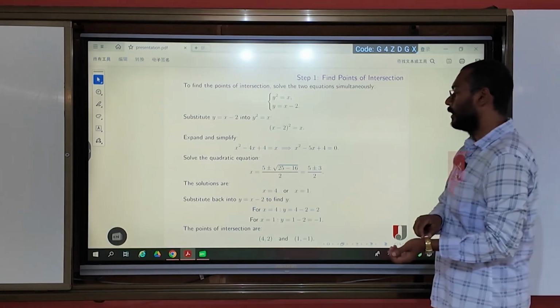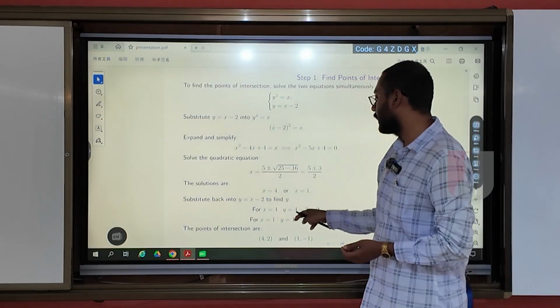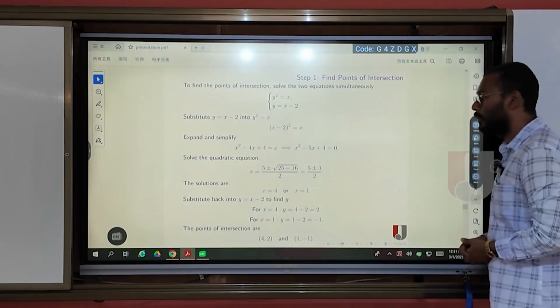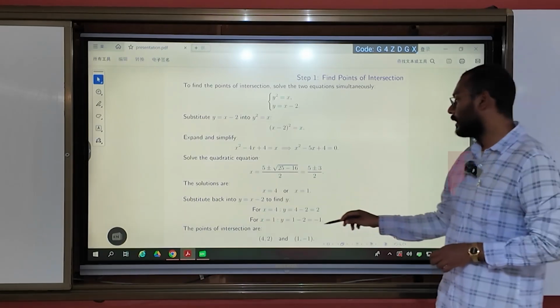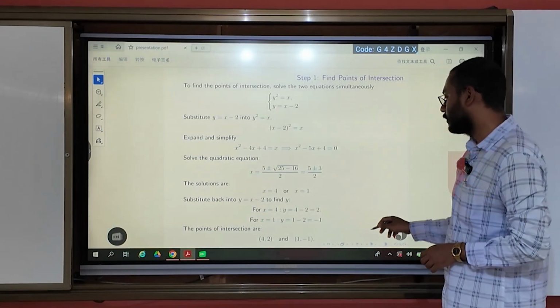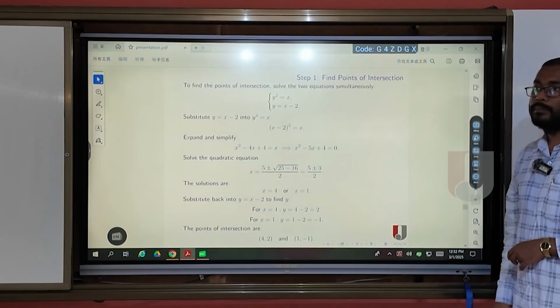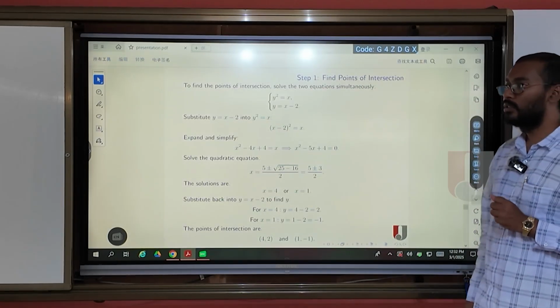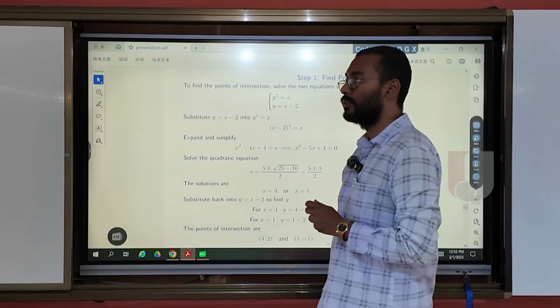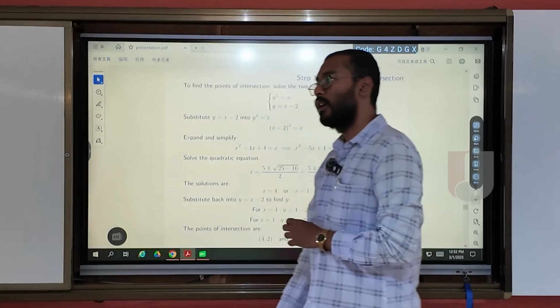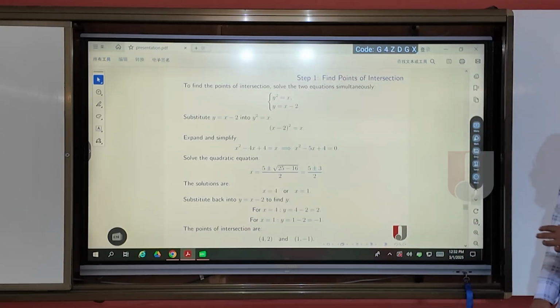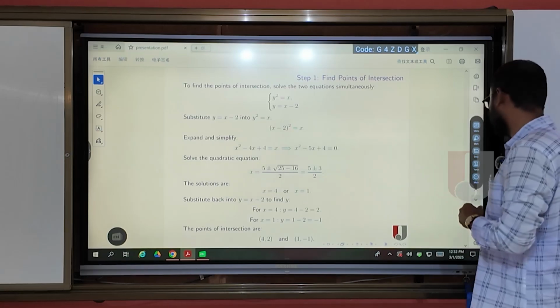Okay, now when we assume x equal to 4, that time my y is coming 2, and when I assume x equal to 1, that time my y equal to minus 1. So the intersection points are 4 comma 2 and 1 comma minus 1. So these are 2 points where these two curves intersect. Now we have to find out the area inside that curve.